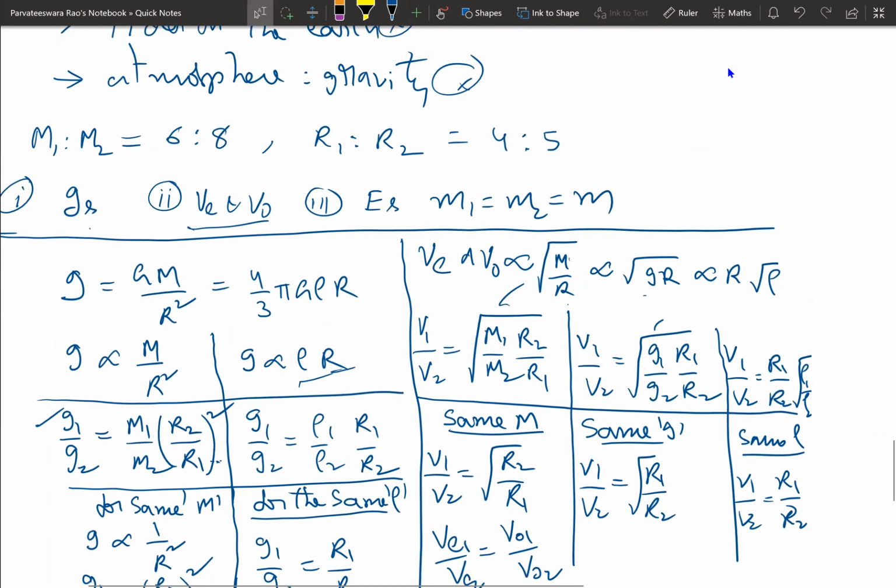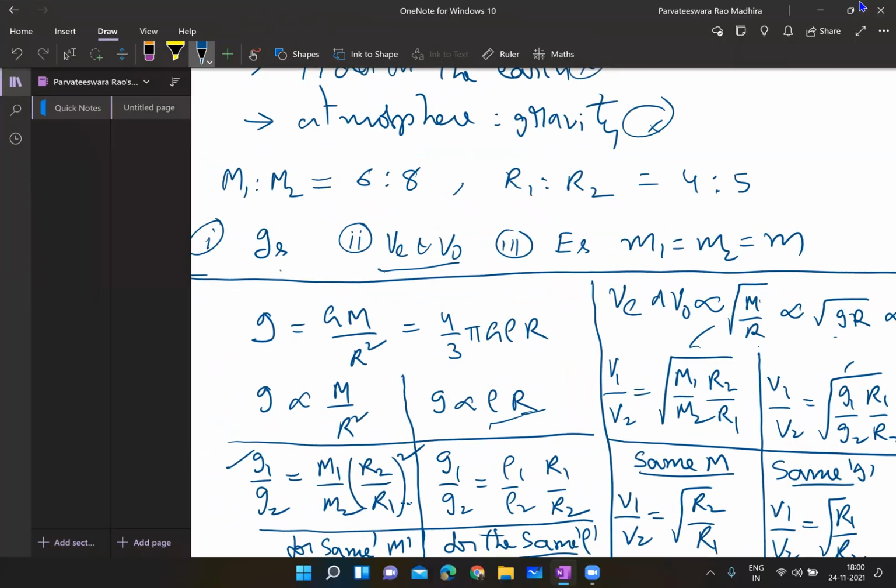Tomorrow we'll do some more models of problems based on gravitation. Till how long can you attend the classes from there?